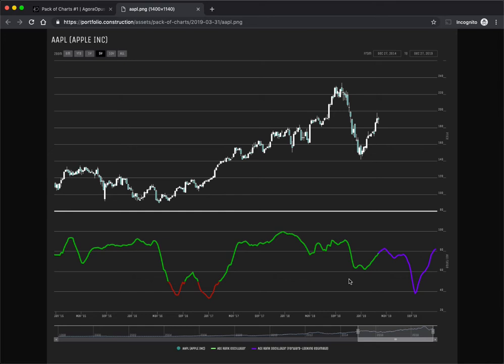So for me, that means I'm not that interested in buying Apple currently, because when I decide how to pick companies for my portfolio, I look at things that are ranking high or are on a path to rank high. So I like rank indicators that are heading up, staying strong, right? So that's what I'm looking for. And because this is heading down, I'm not currently interested in having Apple in my portfolio.